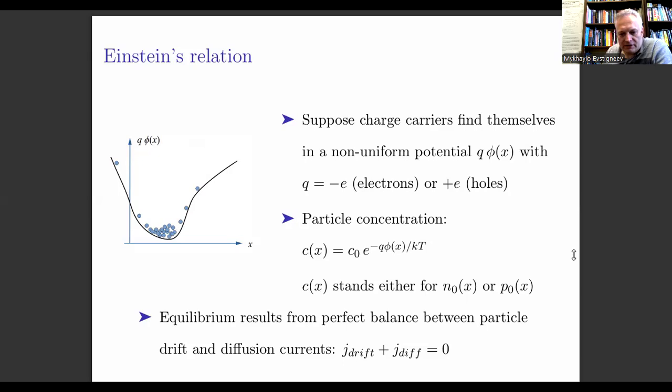Let's focus on the one-dimensional case. This potential is denoted as phi of x, where x is the spatial coordinate. The energy of a charge carrier, an electron or a hole, is given by the product of the electric potential times the charge q of the charge carrier, where q is either plus elementary charge if the particle is a hole, or negative elementary charge if the particle is an electron.